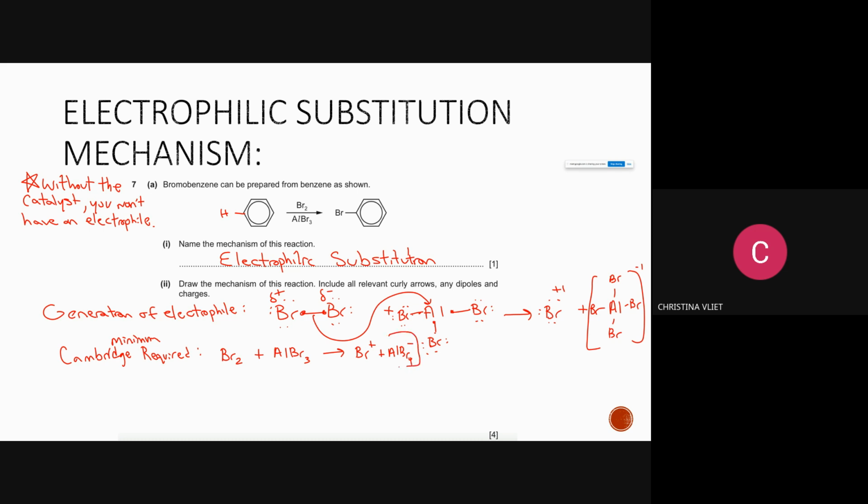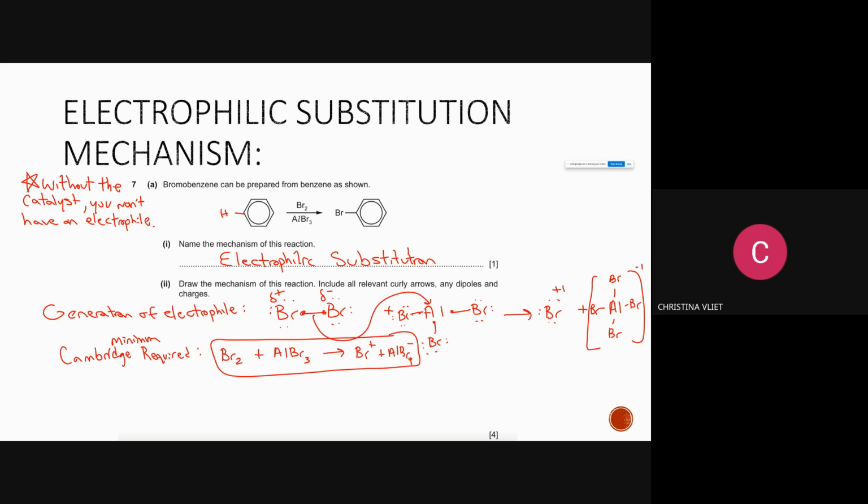If you show this, they give you the point for generation of the electrophile. Does that make sense? It's the same thing, less writing, but it doesn't show the actual bonds breaking and bonds being formed. So this is what would be worth 1 mark of this mechanism: generating your electrophile.